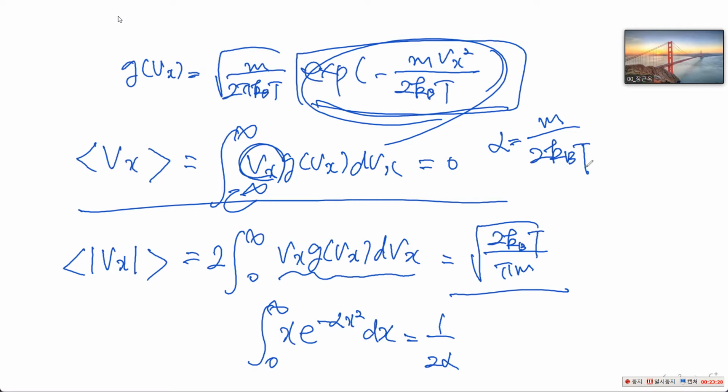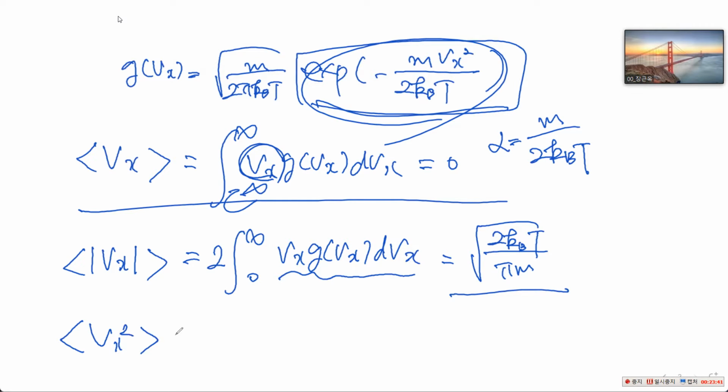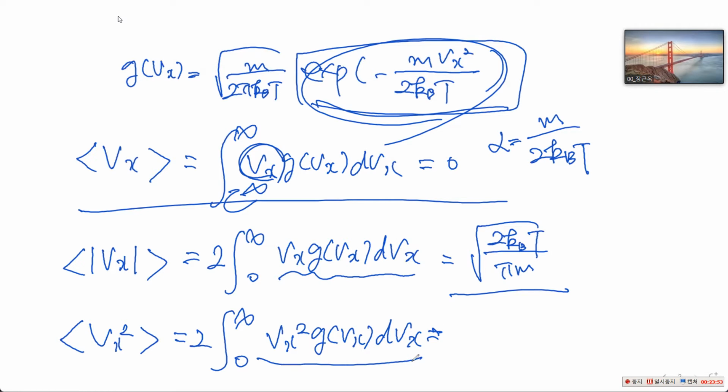Someone also asked about vx squared. Then in that case, 어떤 가우시안 적분의 결과를 이용해야 될까요? 자, 이송섭 학생 한번 대답해 볼까요? 그 vx 그거를 알파로 편미분하면 또 이용하면 되겠죠? 네. 그렇죠?